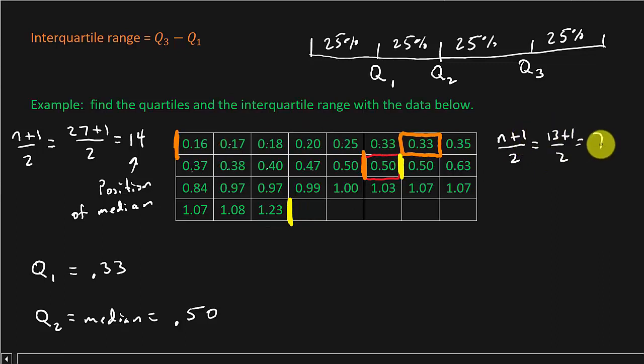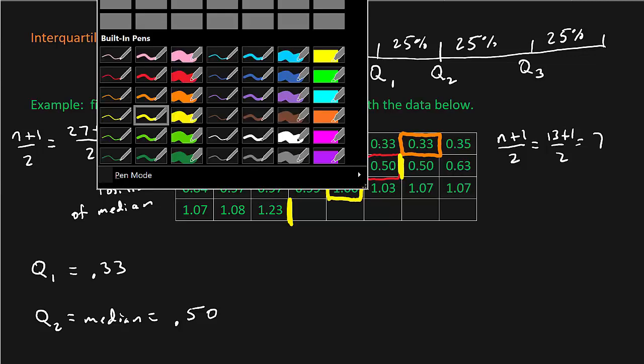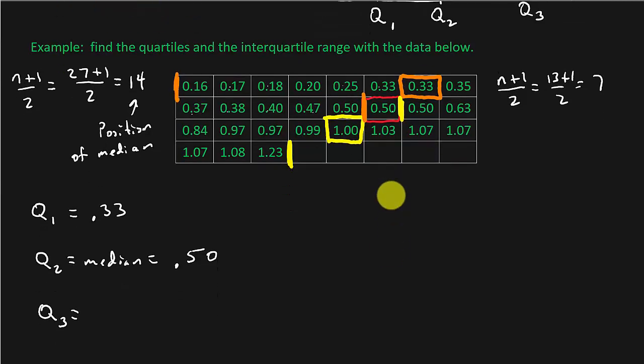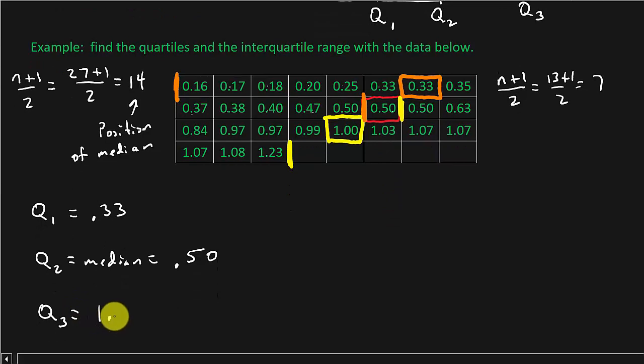So the position of the middle data value is 7. So 1, 2, 3, 4, 5, 6, 7. So the middle value is going to be right here, 1. And so Q3 is going to be 1, or as they have it written, 1.00. It's the same thing. So there's your quartiles.